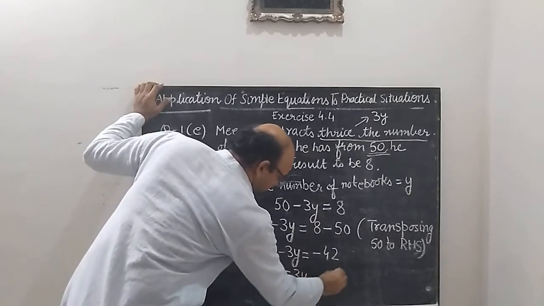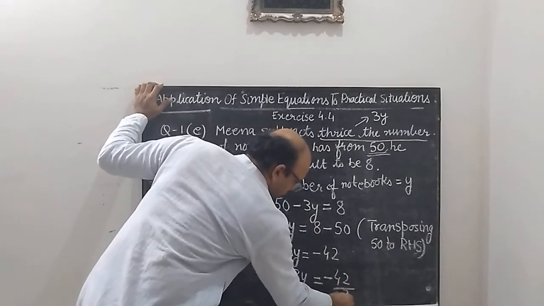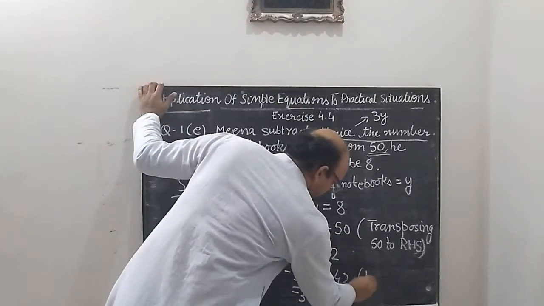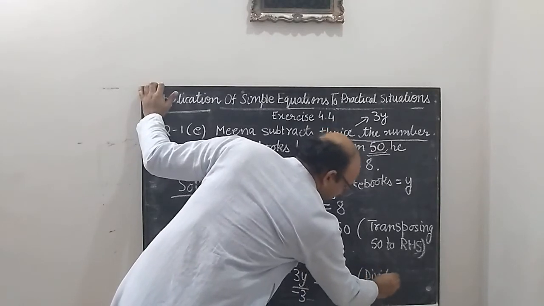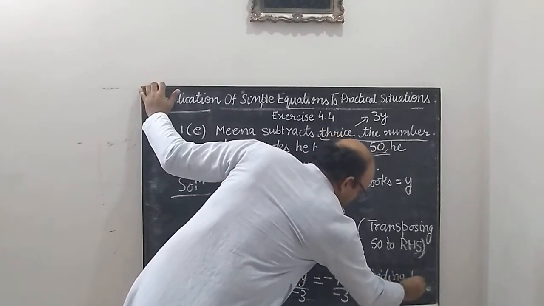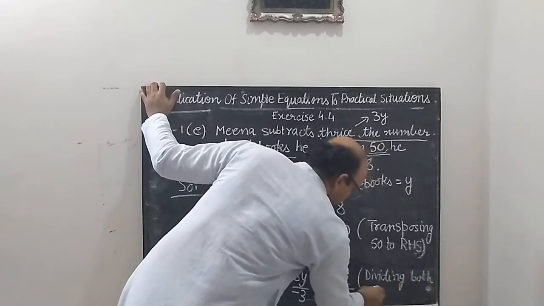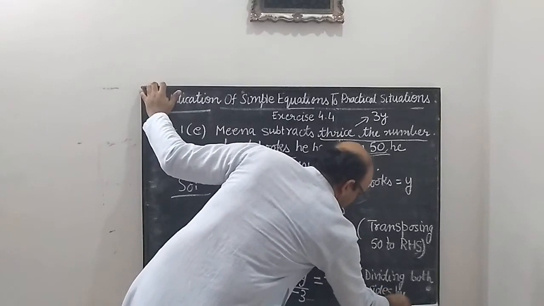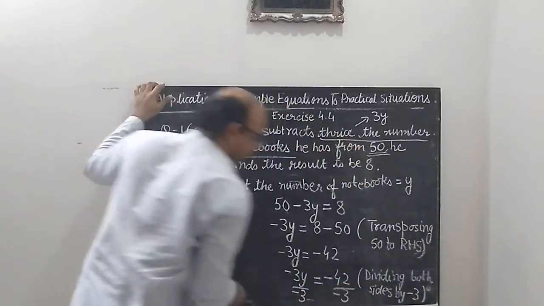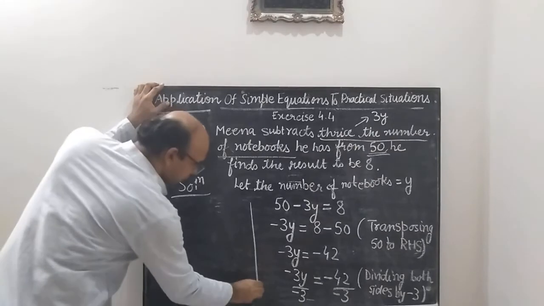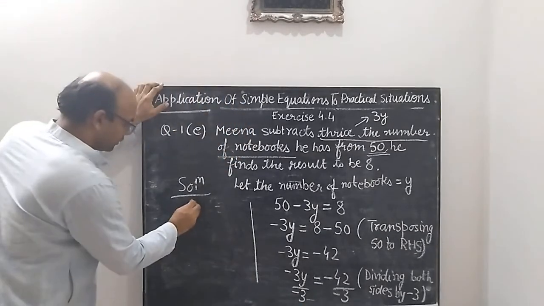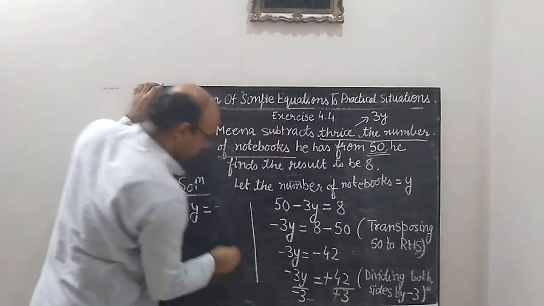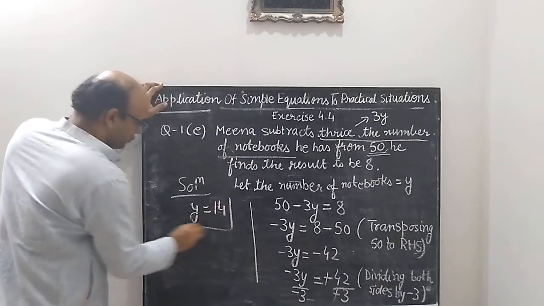On simplification, what do we get? Because the negative signs cancel out, y is equal to 14.